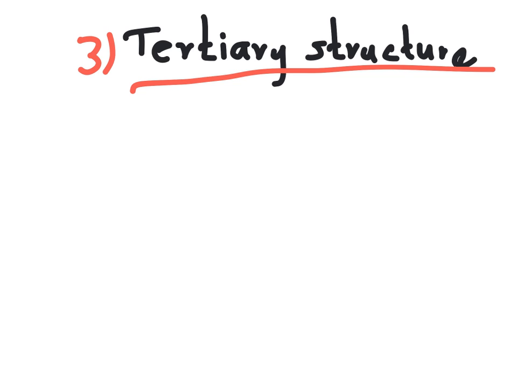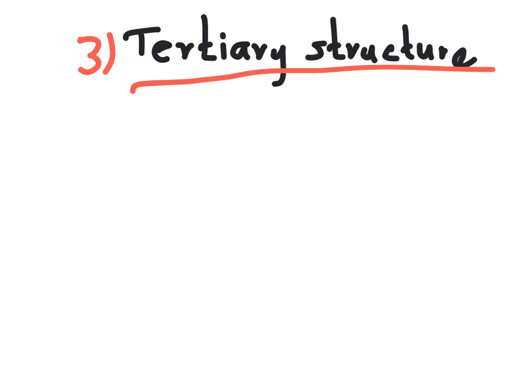So in the tertiary structure, what happens is the polypeptide chain, which has the secondary structure, undergoes further bending, and they will form a unit, a compact 3D structure, right? They undergo extensive bendings.